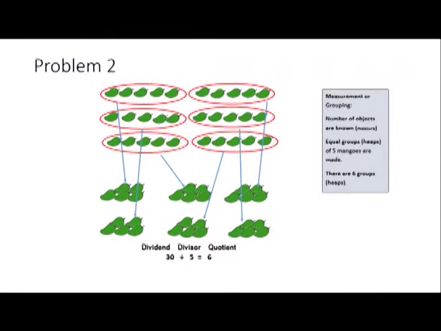But still, even in this problem, we do have an equal number of objects in each group. What happens when we divide? What happens when we divide is we either share in which we know the number of objects in the group, or we share by measuring a certain number of objects, and then we will figure out how many groups we end up with.